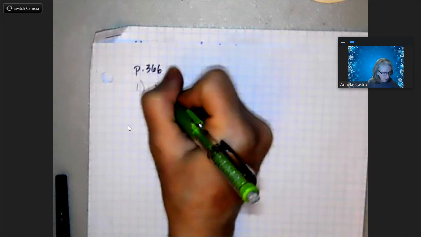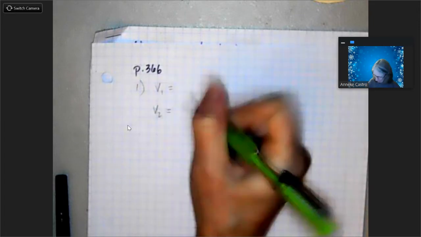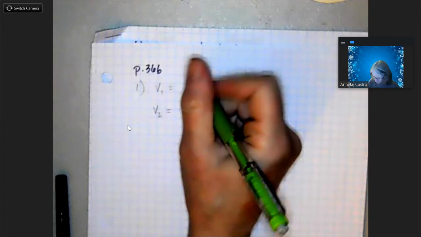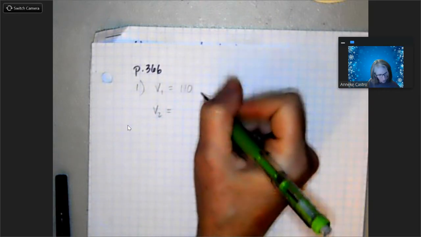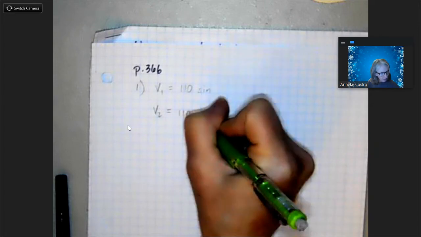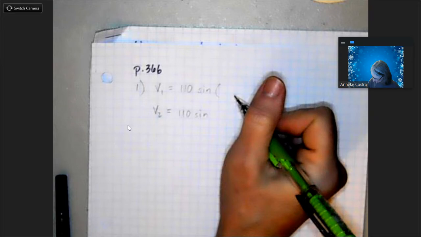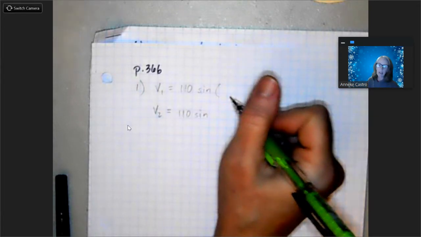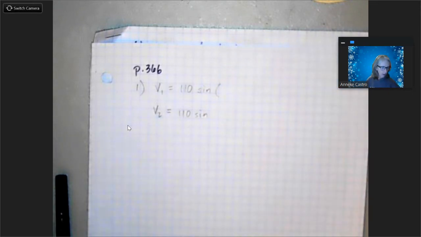So voltage number 1 and voltage number 2, we know that they both have a maximum output of 110. That is our amplitude, okay? So they're both going to have 110, and then we're going to have the sine, and it doesn't matter what the period is because they're going to have the same period. They don't tell us otherwise, and we don't know how to solve problems that don't have the same period. So we're always going to assume they have the same period.